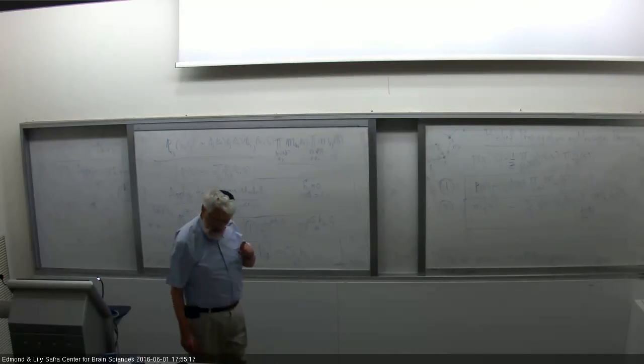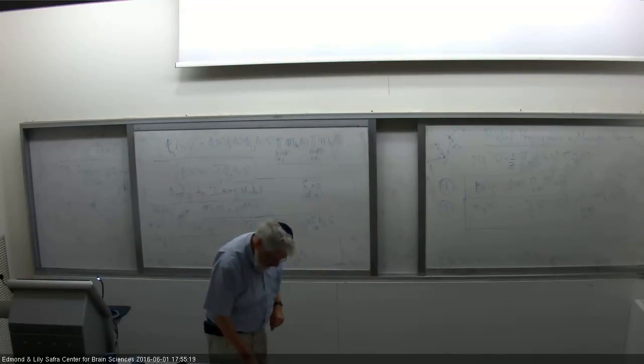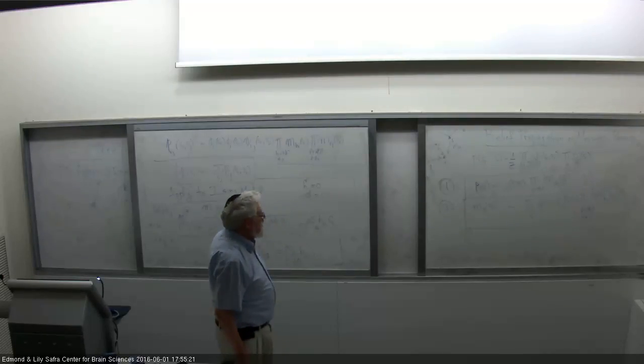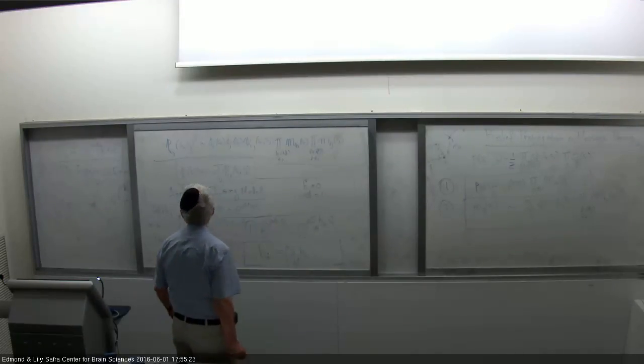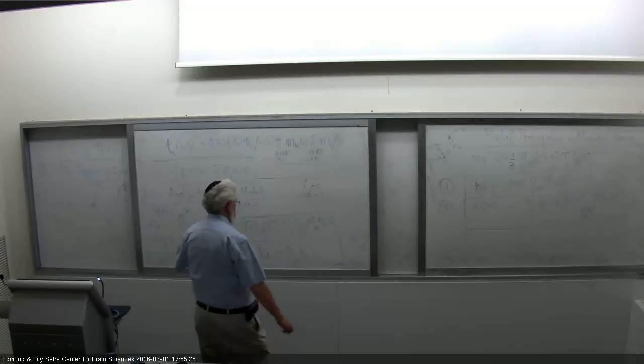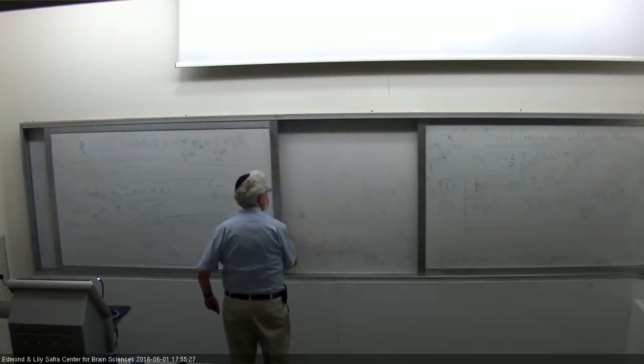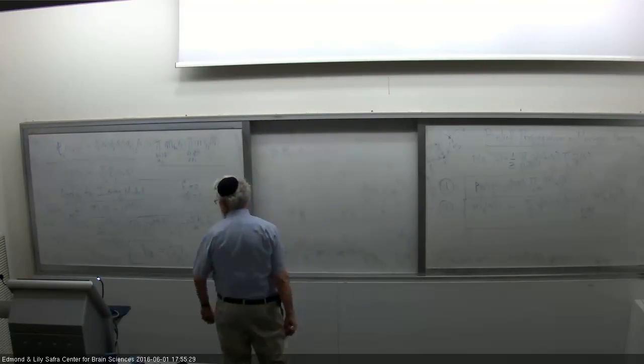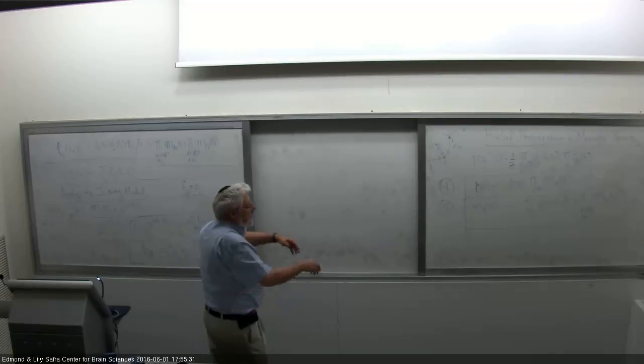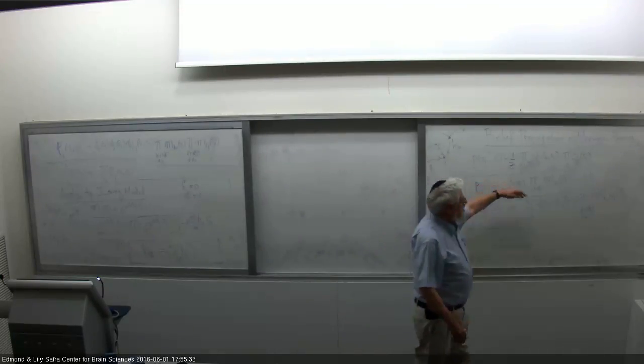Equation 2, as Tal said, is more subtle, but it's still not such a big problem. Again, we just put e to the beta, and so on.